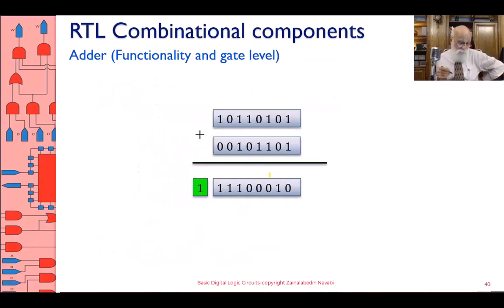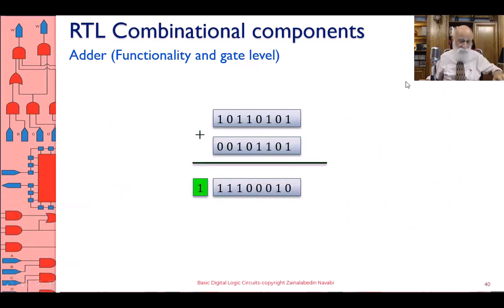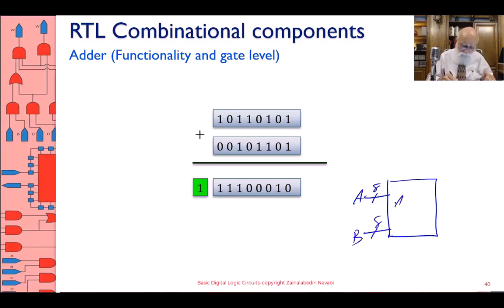Well, again, look, I have two 8-bit numbers, and I'm planning to build an adder, okay? My first thought is, okay, this is an 8-bit A, an 8-bit B, and this is an adder, and it produces an 8-bit sum, and then it also has a carry out, and maybe it even has a carry in, okay?